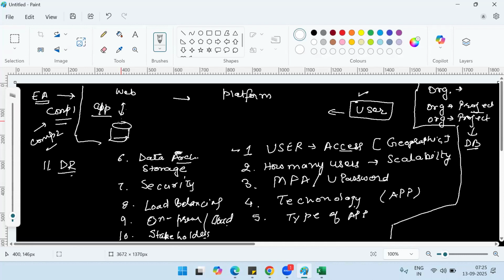Application technical design is not part of the enterprise architect's job. The enterprise architect will say, okay, there will be one application, it will be deployed on some environment, and it should serve these objectives. Maybe an email application, where they can see the email.